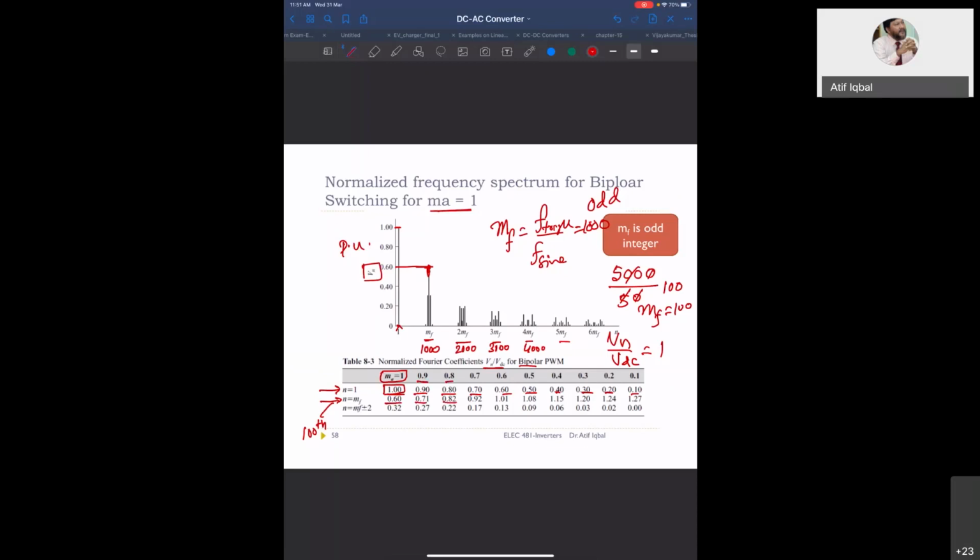If you use 0.8 modulation index, it will be 0.82, and so on. Then this is another harmonic component, 100 plus minus 2, meaning the 98th harmonic and the 102nd harmonic. The magnitudes will be 0.3, 0.27, 0.22, 0.17. Please tell me if you understand this table or not, because this is used for the numerical example.